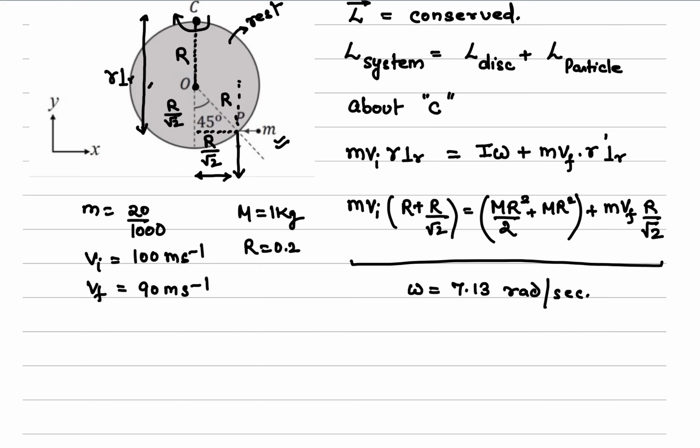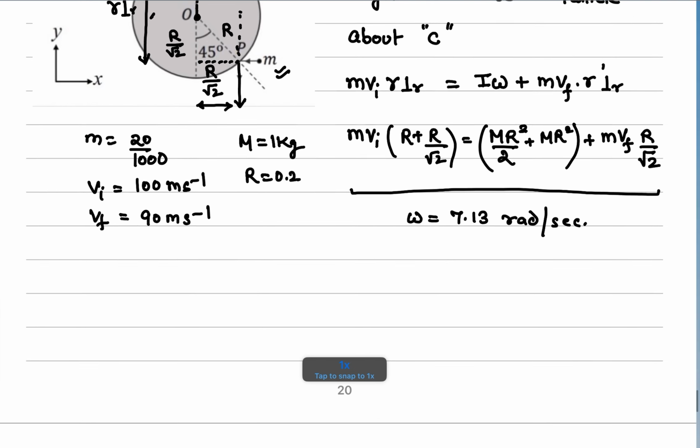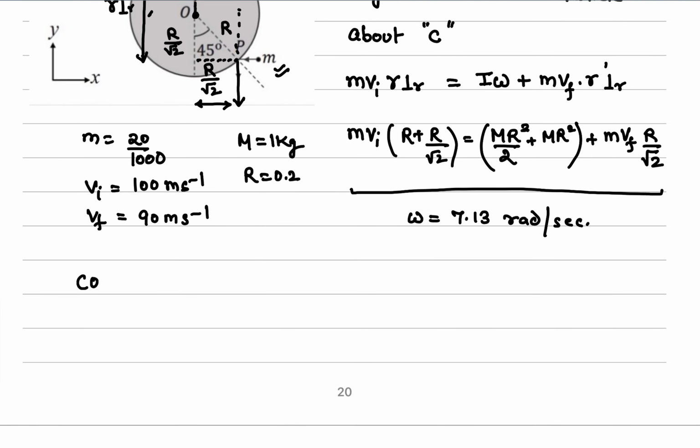Now, this question has said that after the impact, the disk center will move upward to some extent. So from here we can apply the conservation of mechanical energy. Let's talk about the disk. If this is the disk and its center is going this way, this is the height it is gaining.